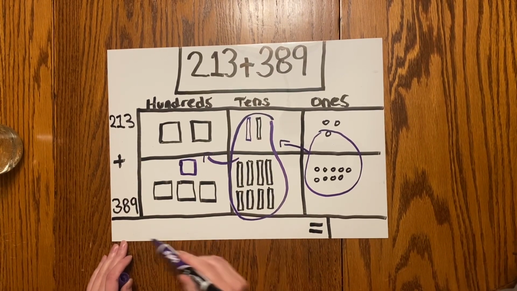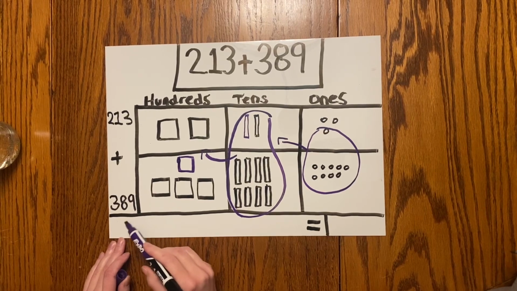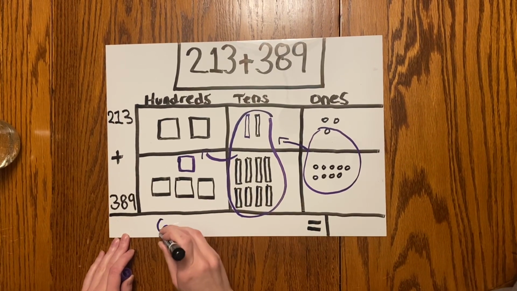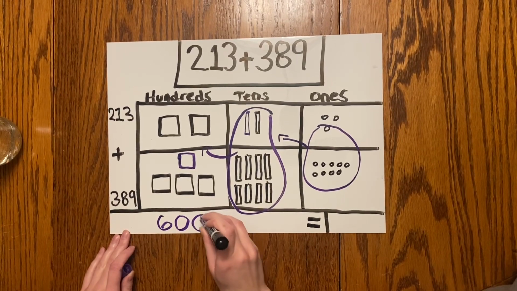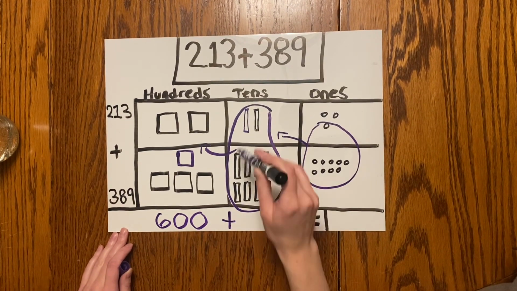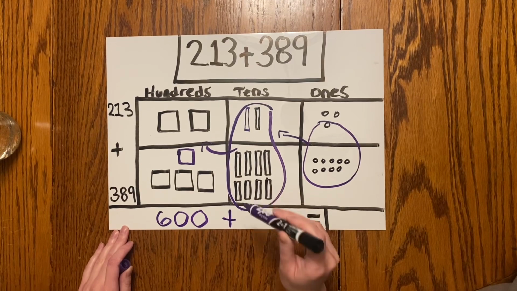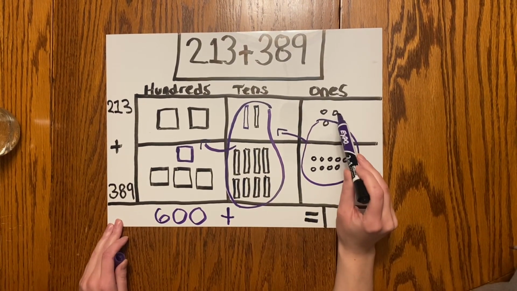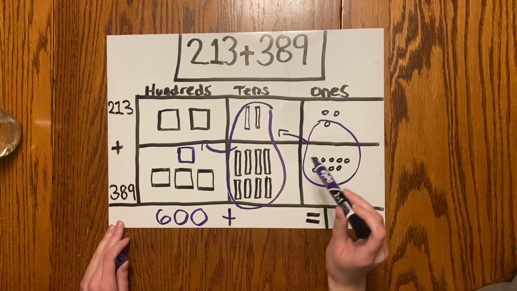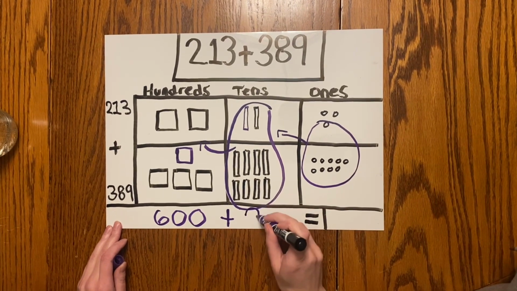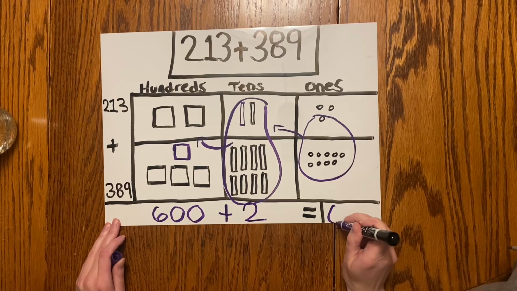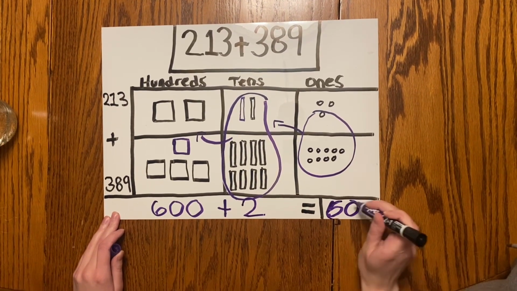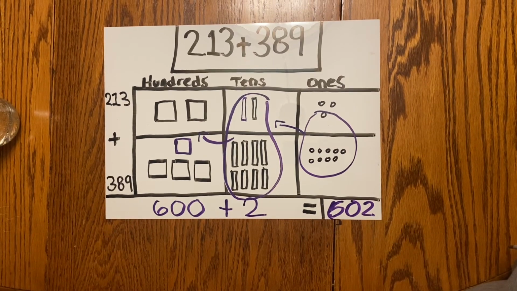So now down here, we're going to see the sum, 6 in the hundreds column, so 600, plus we don't have anything left in the tens column, so 600 plus 0 in the tens column, but we have 2 left in the ones column. So 600 plus 2 gives us our sum of 602.